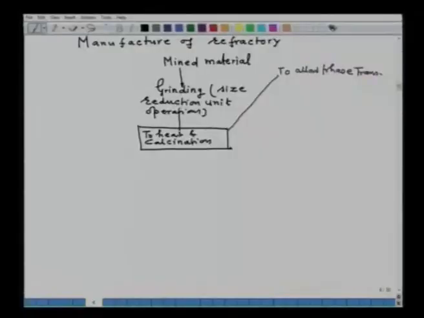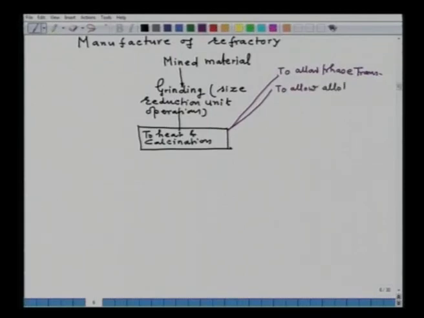So, one of the objectives of heating and calcination, the so-called pre-treatment, is to allow phase transformation to occur during the production stage itself, so that the refractory material being produced is stable at the temperature of application.